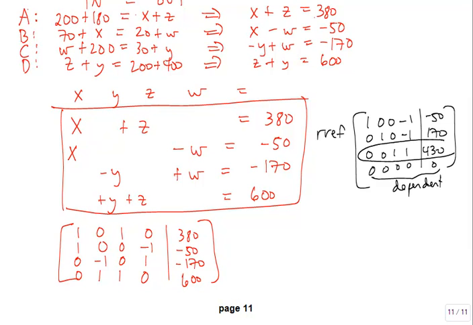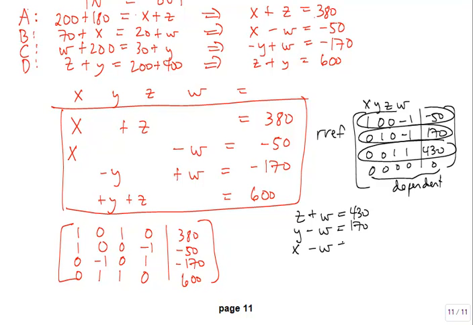If we look at this third row, remember X, Y, Z, and W, this tells me that I need a Z plus a W to equal 430. This second row tells me that I need a Y minus a W to equal 170. And this top row tells me that I need an X minus a W to equal -50.